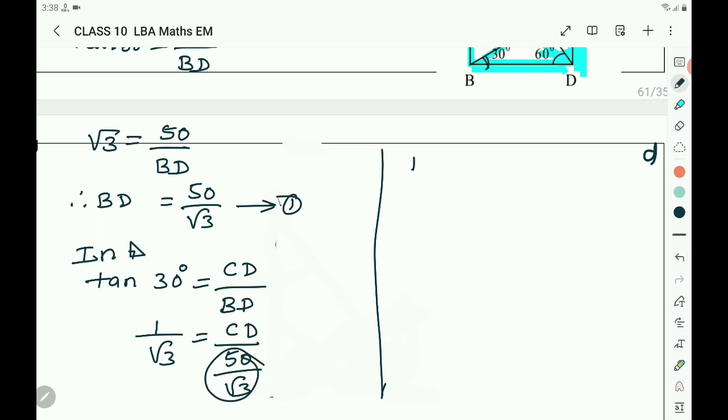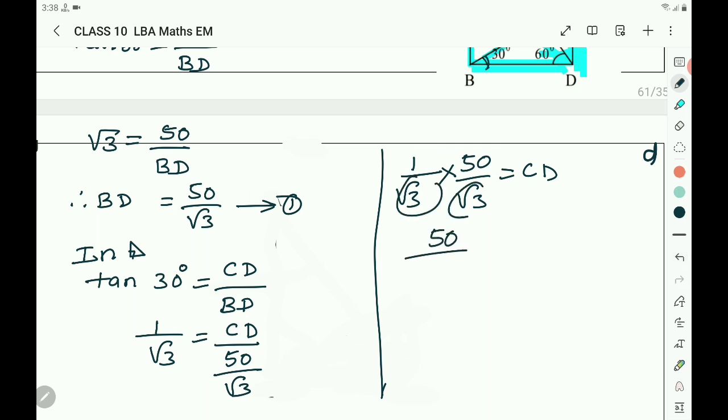If it is transferred to the LHS, it becomes a product: 1 by root 3 into 50 by root 3 equals CD. 1 into 50 is 50. Root 3 into root 3 is 3, equals CD. Therefore, CD is equal to 50 by 3 meter.